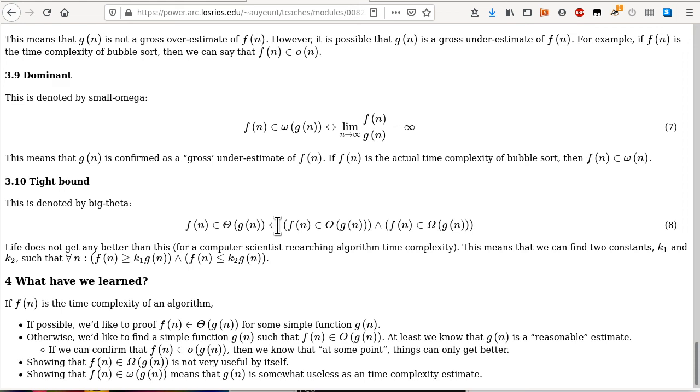You can even claim that constant time, big O of 1, where the function is just a constant, is a lower bound of the time complexity of the traveling salesman problem. Yes, that's great, but how is that going to help me?